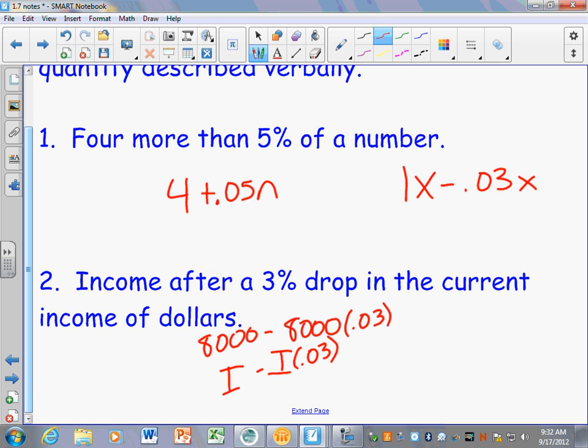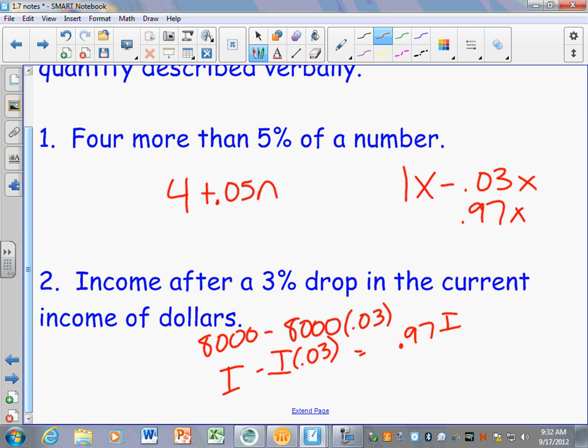If I lost 3% of my income, how much income do I have left? What's 1 minus 3%? 97%, right? So some people don't even do this part. They just say, if I lost 3% of my income, I have 97% of my income left, or 0.97x.